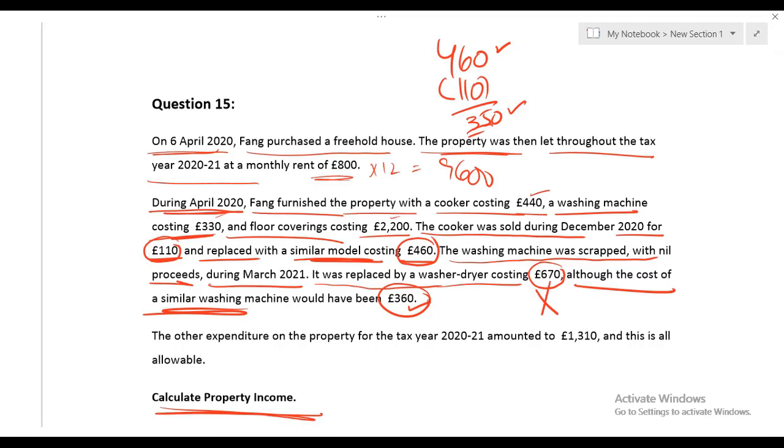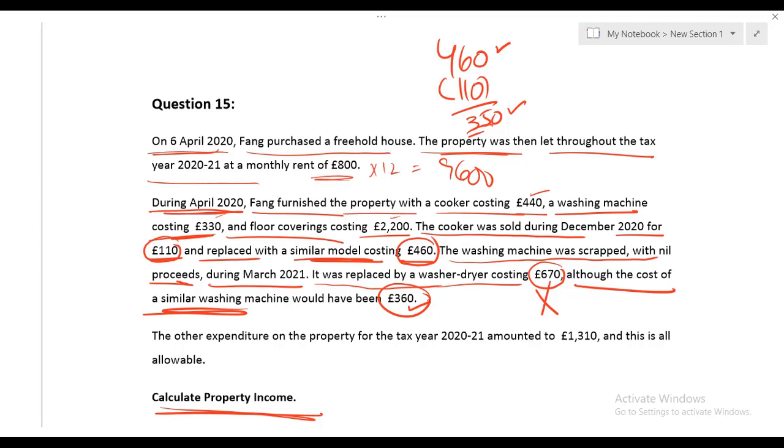The amount which you will get is 360 because a similar washing machine would have been valued at 360, or you would have bought the similar washing machine for 360. So I am not going to get replacement furniture relief of 670. Actually, I am going to get replacement furniture relief of 360. And since there is no scrap value of the previous machine, the entire 360 is available as replacement furniture relief.